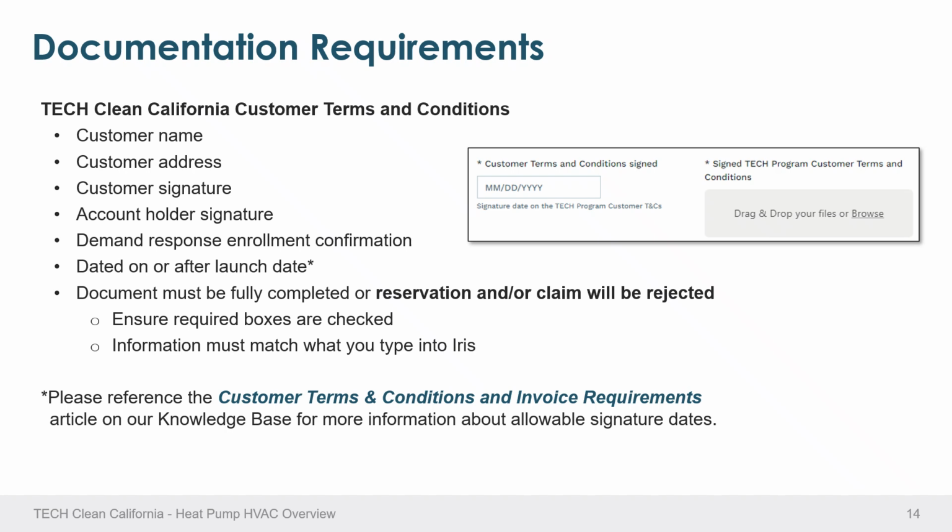To know when that launch date is, please reference the knowledge base article Customer Terms and Conditions and Invoice Requirements to find more information about allowable signature dates. And finally, the document must be fully completed or the reservation will be rejected. Please ensure that the required checkboxes are checked and the information must match what you type into IRIS.